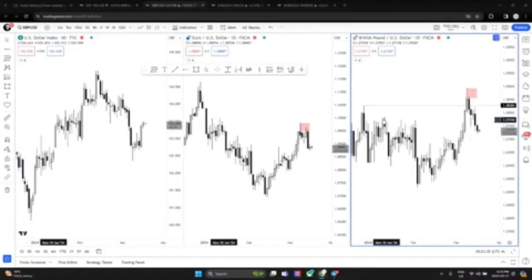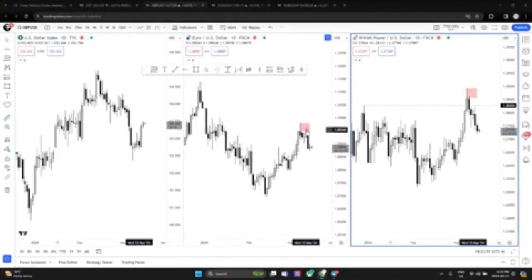So due to the fact that we had a higher time frame sequential SMT here, and then we had sequential SMT, basically just price trading into the wick of one precision swing point and failing to do so in the other, and then we had a lower time frame sequential SMT.